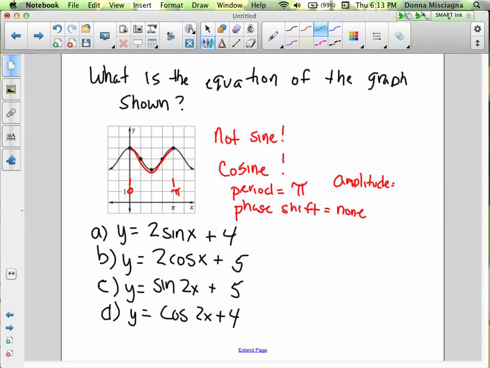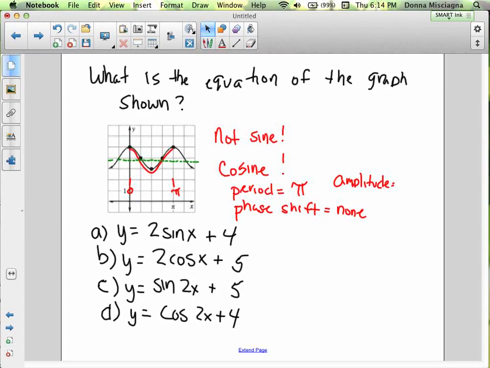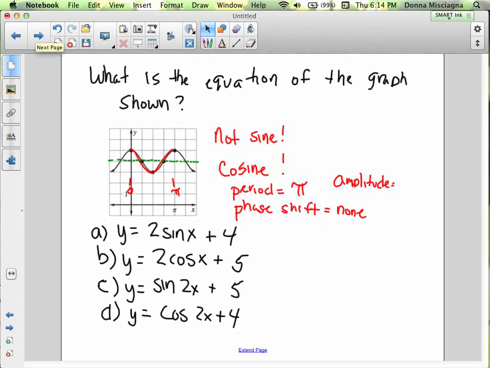All right, so let's find the midline. That'll tell us. The midline divides the graph in half, and it is what the graph is oscillating about. It's going above and below that particular line. Right? If we look at that, the amplitude is the distance from either the midline to the maximum value or the midline to the minimum value.